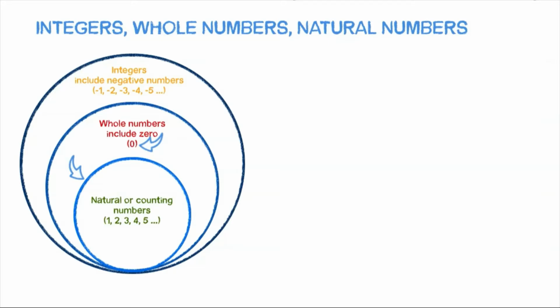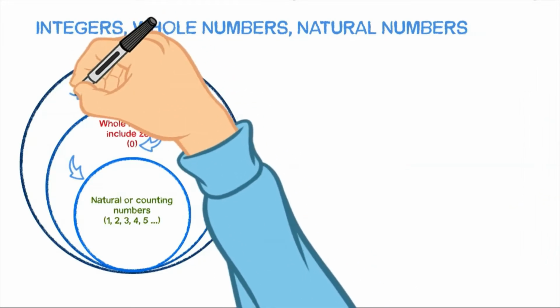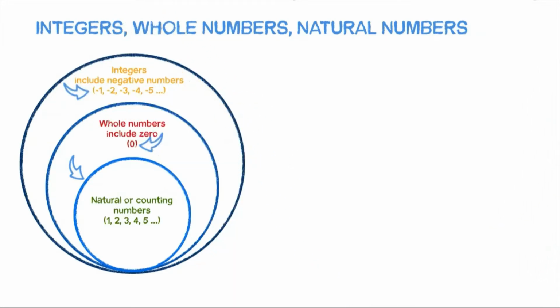This means that all of these numbers are integers. You can also see though that the set of negative numbers is outside the two smaller circles. This means that these negative numbers are neither whole numbers, nor natural numbers.